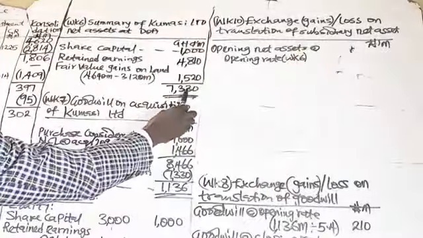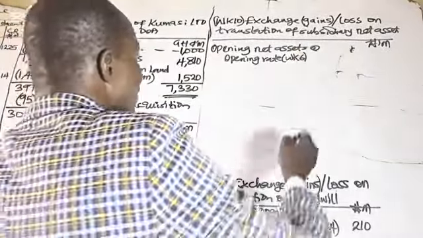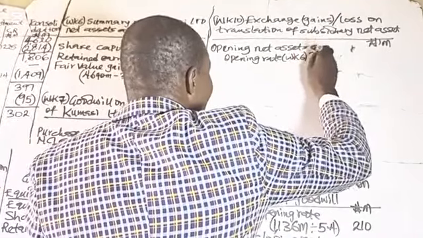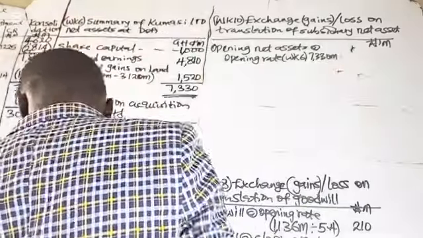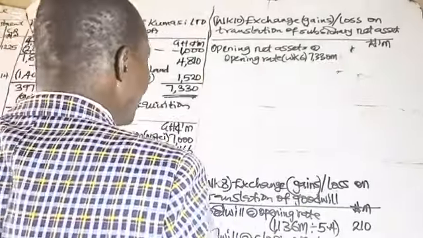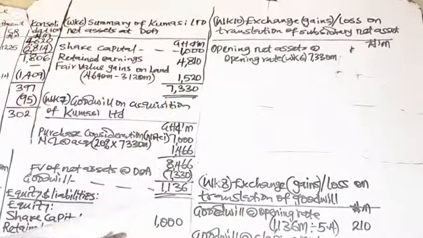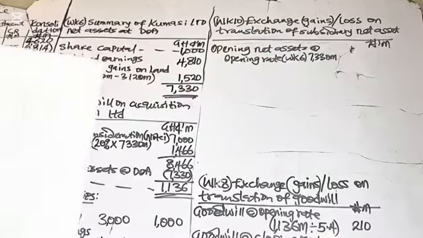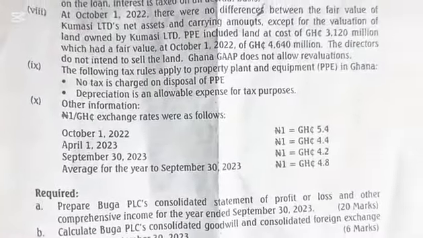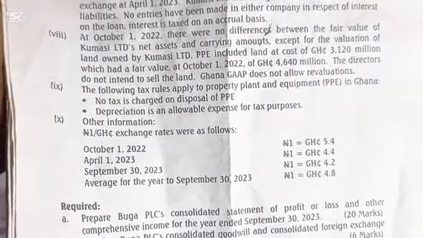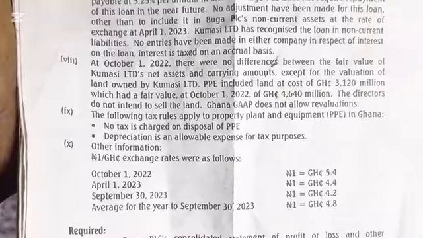And we got 7,330 Ghana cedis. Now, how much is the opening exchange rate? You know, the opening entry happens on October 1st. The exchange rate at 1st of October 2022, and that is 5.4.